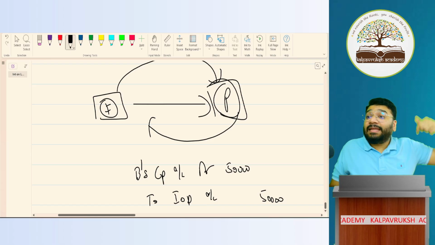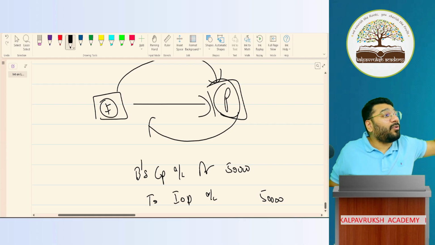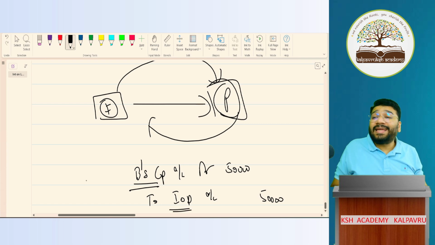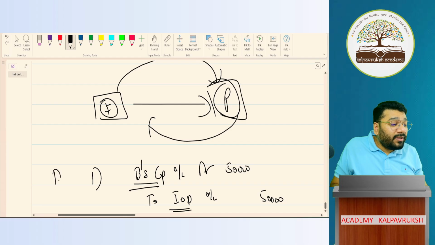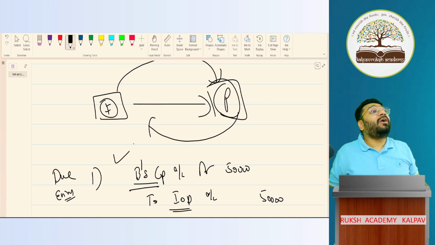So wherever capital will come, current account can also come. So B's capital or current account debit to interest on drawing. What is this entry named as? Due entry. Imagine if the payment is received from the partner, will you still pass this entry? Yes.